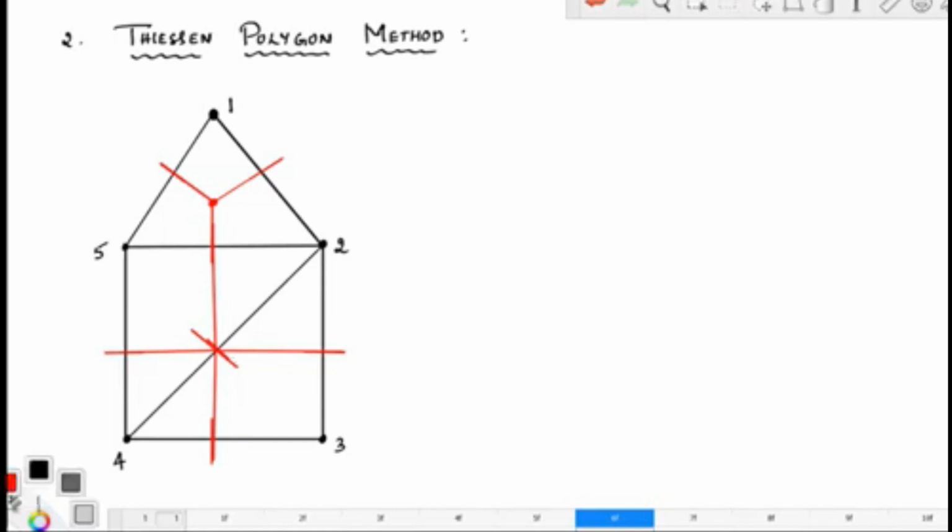Now, if I take the rainfall at station 1 as P1, rainfall at station 2 is P2, and P3, P4, and P5 are the rainfalls at the respective stations, now you can assign the area. Area is with respect to the perpendicular bisectors. So this will be the area for station 1. Now for station 2, this will be the area.